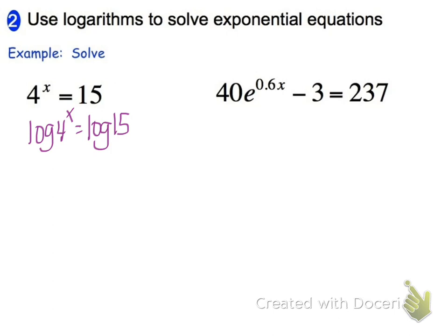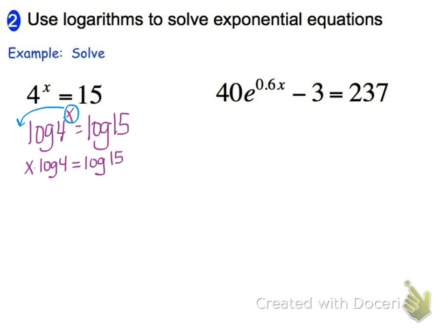Now, using some of the rules that we've learned in our previous sections, the nice thing about the exponents, using our power rule, is that they get to come down in the front of a logarithm. So I can now rewrite this as x times the log of 4 equals the log of 15.